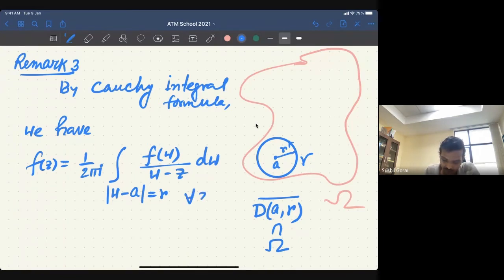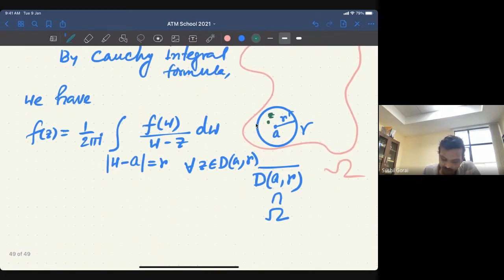For all z in the open disk D(a, r). So z lies here, which means the index is 1. Outside the index will be 0, so both sides will be 0 and it will not give anything. So inside, what you get is this formula.